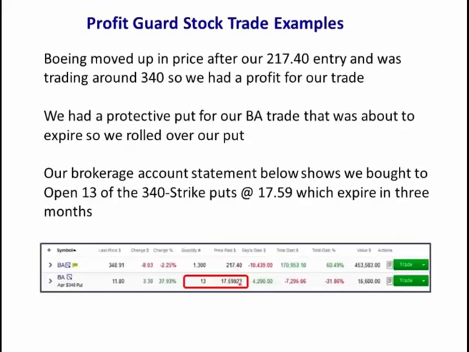We were coming up on expiration for that put, and we purchased a new put and entered a new profit guard spread that expired in about 3 months. Again, our cost basis for the stock was 217. Purchased the put for 17.59.